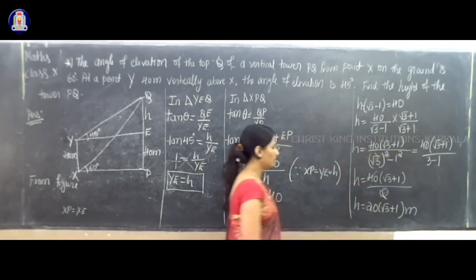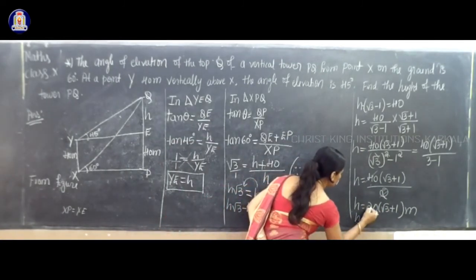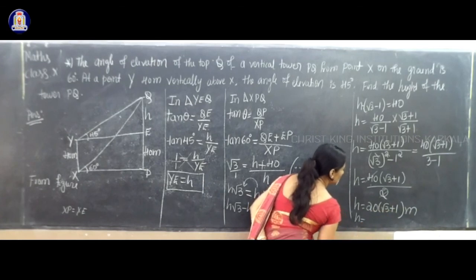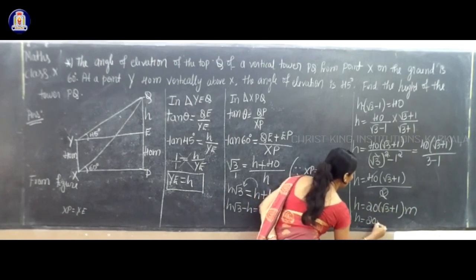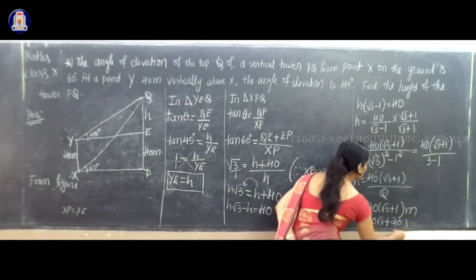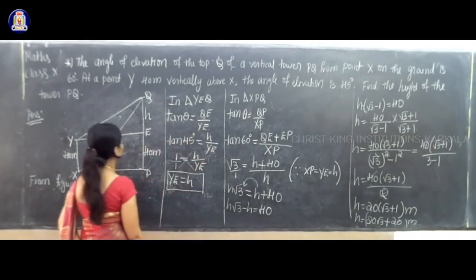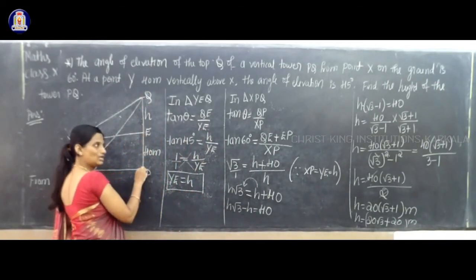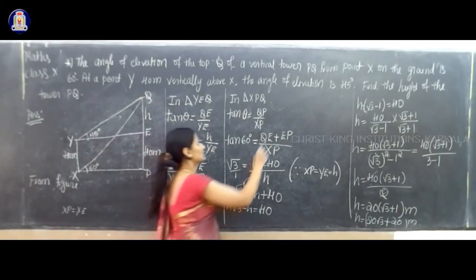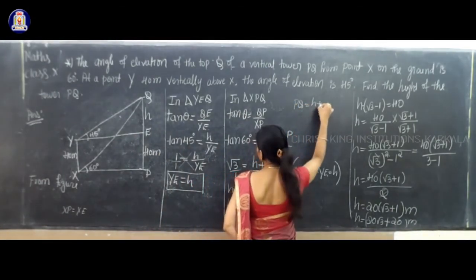So if you want, we can multiply that. So that implies H is equal to 20 into root 3 is 20 root 3, plus 20 into 1 is 20, meters. Now what is the total height of the tower? Therefore, the height of the tower, that is PQ, is equal to H plus 40. Correct?